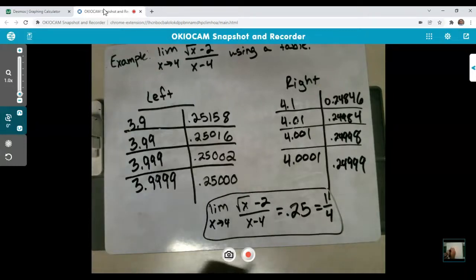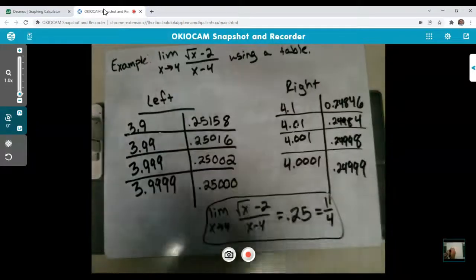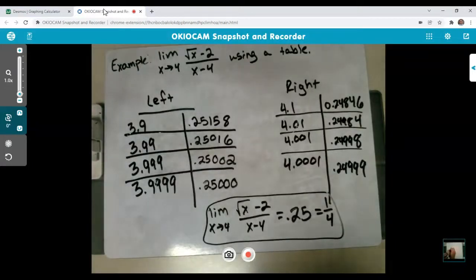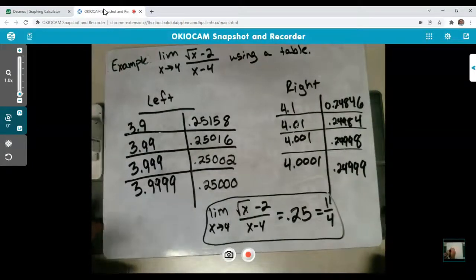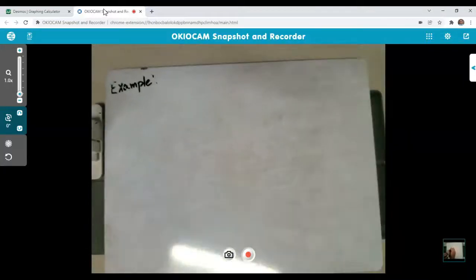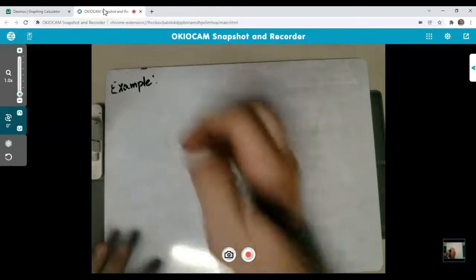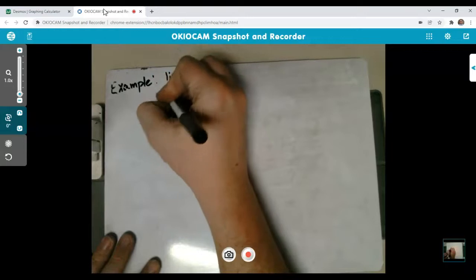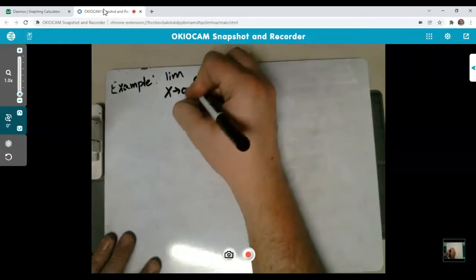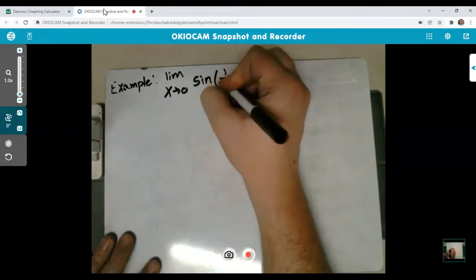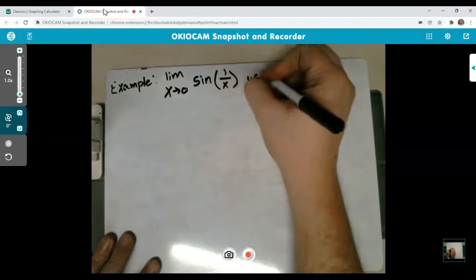Let's do another example of doing that. Let me find it in my notes. So sorry, I think my notes got out of order somehow. Let's find the limit as x approaches 0 of sine of 1 over x using a table.